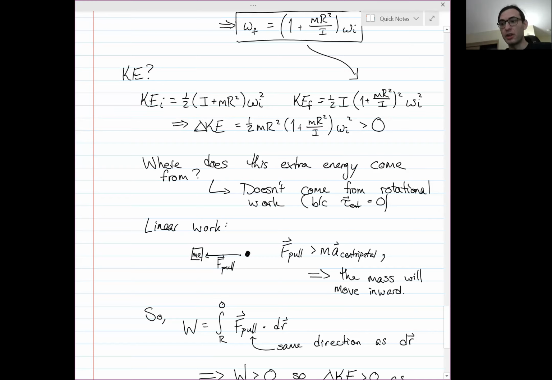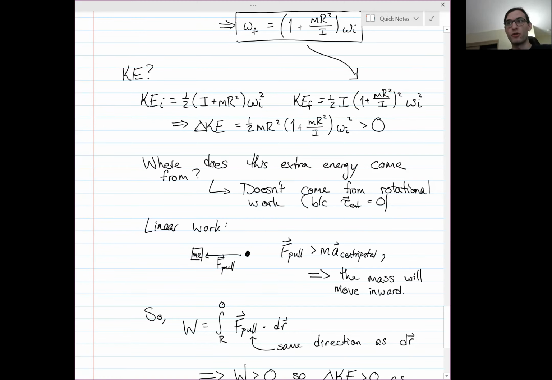And the motion that you have to undergo in order to pull the weight from far away to close is motion in the radial direction. It's radially inwards, and so the force is radially inwards. So what we can do is compute the work explicitly, given the magnitude of the force, and we already know the path.